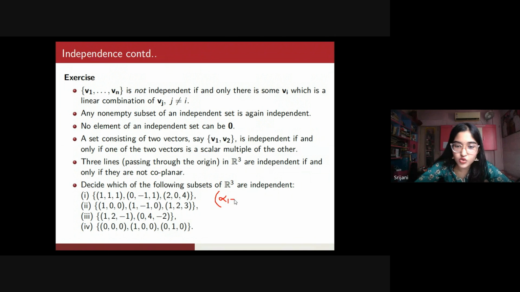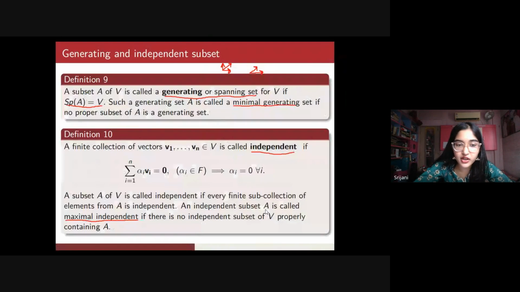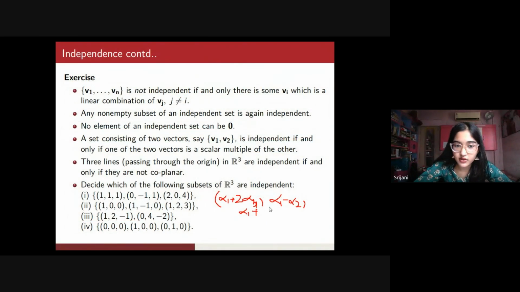So alpha 1 plus 2 alpha 3, comma, what is here? Alpha 1 minus alpha 2. Now alpha 1 plus alpha 2 plus 4 alpha 3, and it is equal to 0.